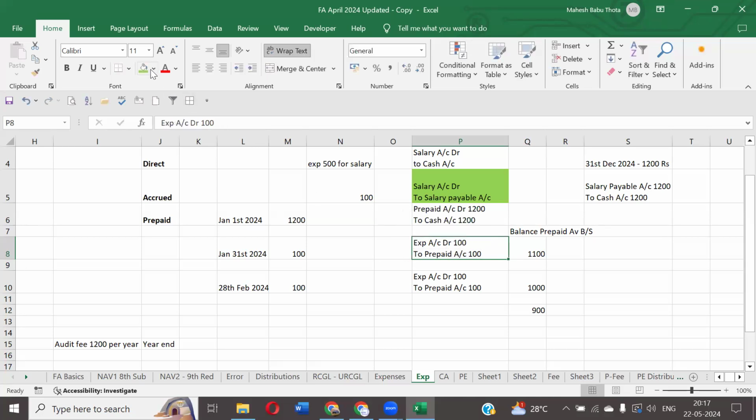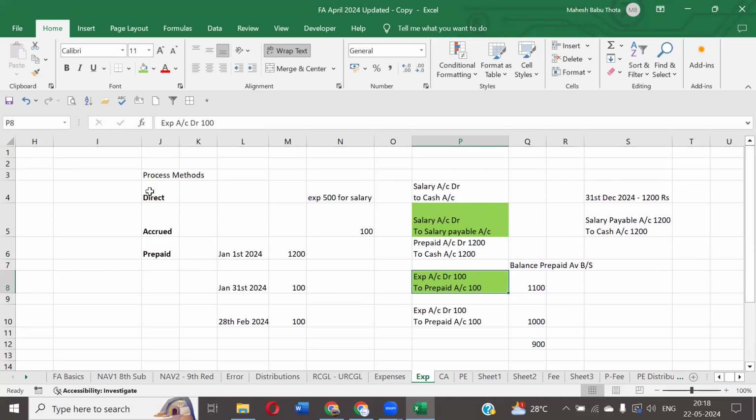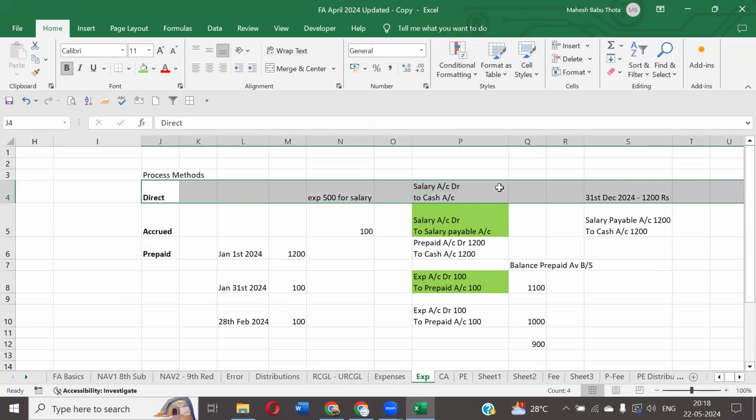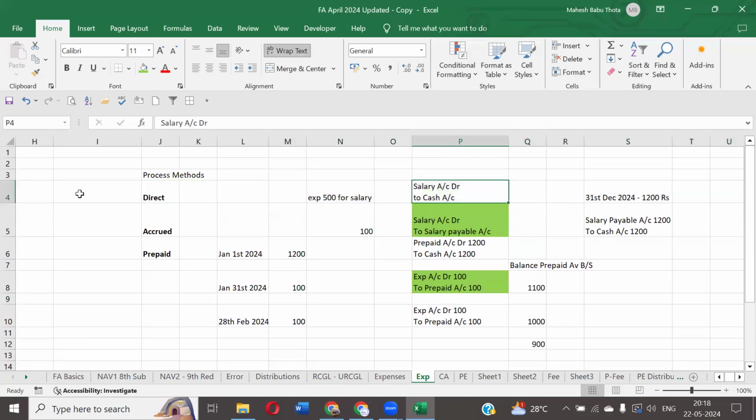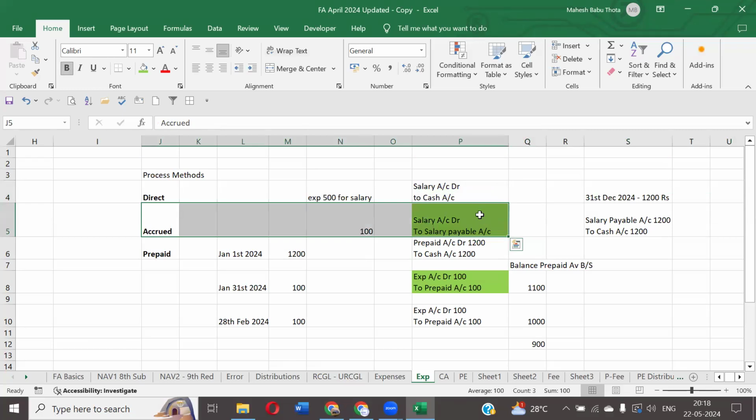Understood, everyone? So in the direct part, we post the entry directly, so there will be an impact on the NAV for direct expenses. In accrued expenses, while accruing, there will be an impact on the NAV.